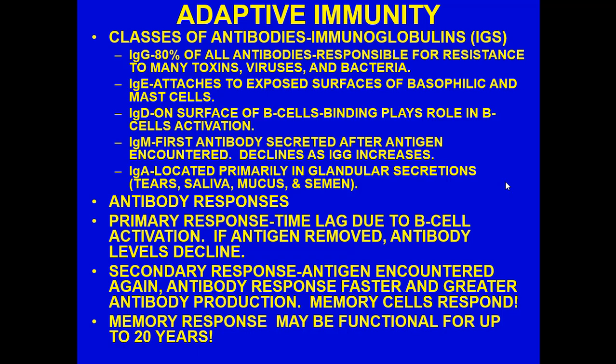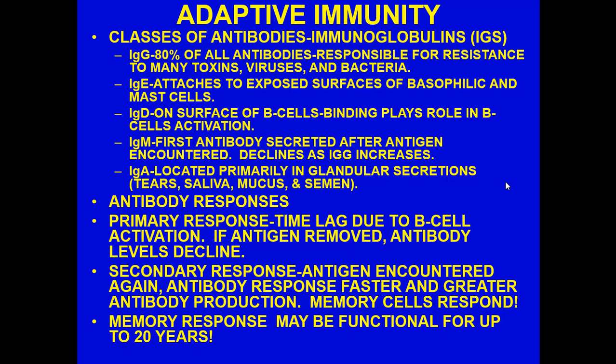So when mom is giving some of her antibodies to the infant in utero, inside the uterus, they're all going to be IgGs. Now, IgE attaches to exposed surfaces of basophils and mast cells. IgD is seen on the surface of B cells, and the binding plays a role in B cell activation, IgD that is.